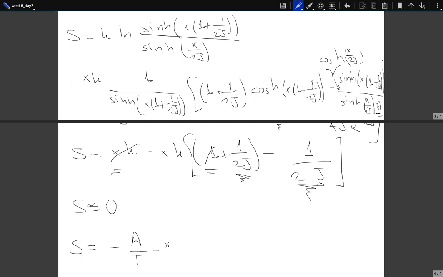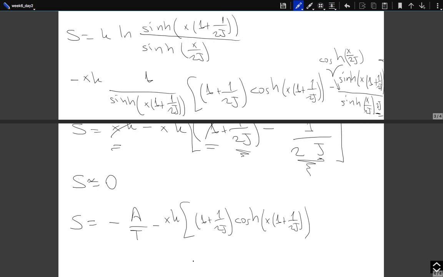Is minus xk times 1 plus 1 over 2j coth x times 1 plus 1 over 2j. And the second term is minus 1 over 2j coth(x over 2j). No, not cosine, it's cotangent.